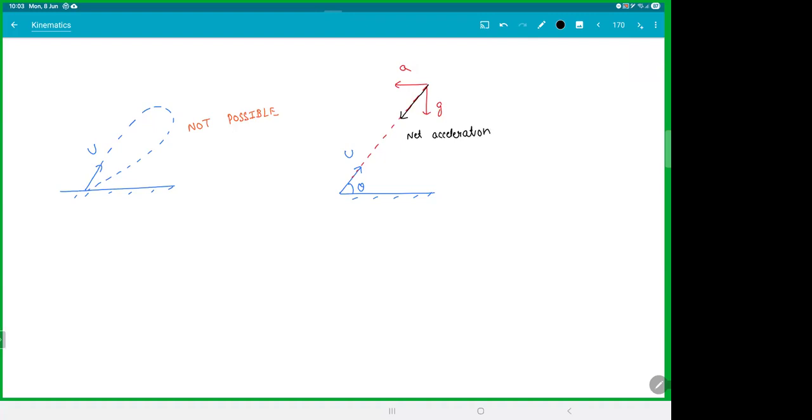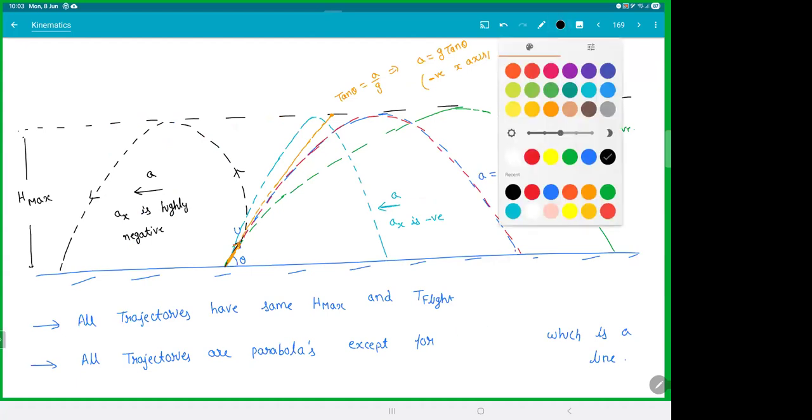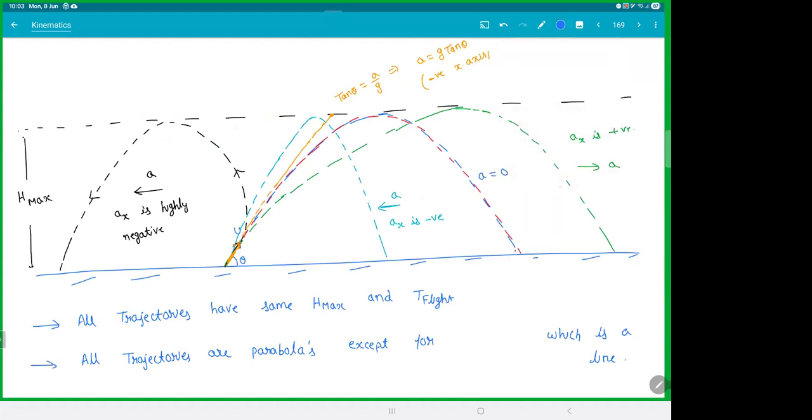And this angle will be theta. So from here we can clearly get tan theta is equal to g by a. I think I wrote wrong here. Tan theta is g by a. My mistake. a is g cot theta.